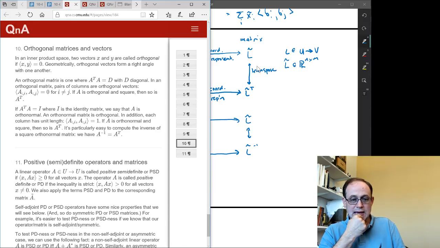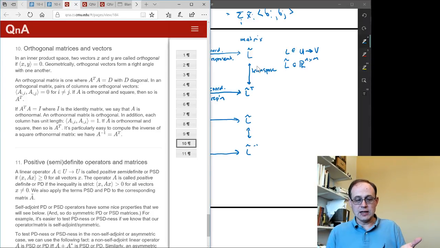A couple of last properties that a matrix can have. Let's take some inner product space V, right? And we'll have two vectors x and y, and they're called orthogonal if their inner product is 0.